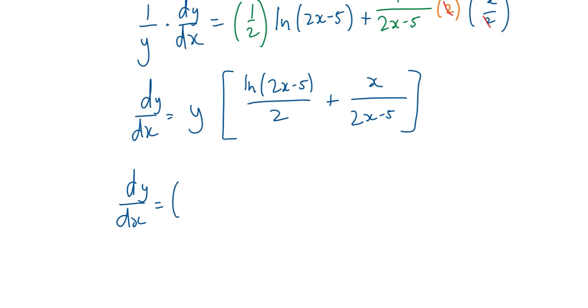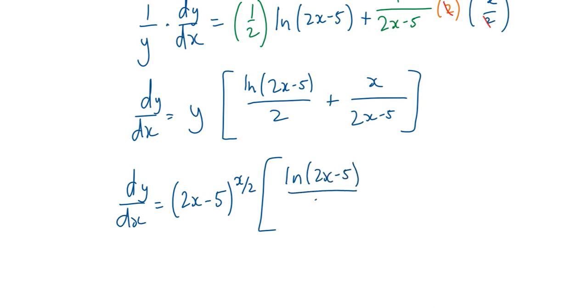So this ends up being 2x minus 5 to the x over 2 times this whole thing again, right? And that's it. So that is completed. I've tidied it up as much as I'm required. You don't have to do any more putting this into one fraction or anything like that. And I've put it back in explicit form.